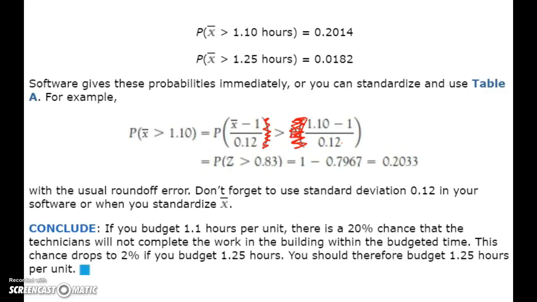That's going to be the same for any sample of size 70. But this 1.10 would change to 1.25. So this number right here is going to be a little higher, this number would be lower, and then this number here would be about 0.018, roughly this value right there.